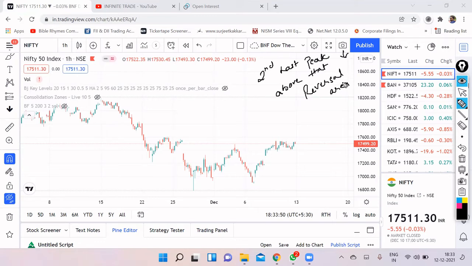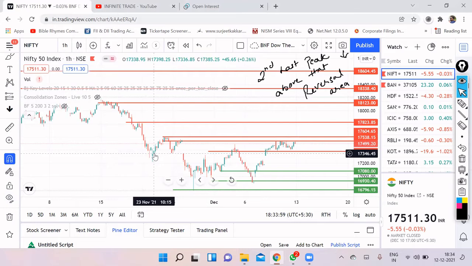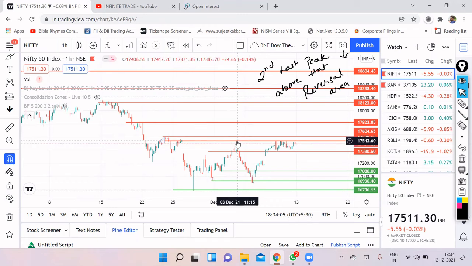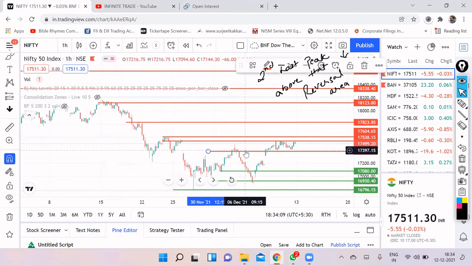In this case, I had marked all the levels on the hourly chart. Not this line, this is just a support that I created for intraday purposes, but this is the last peak.